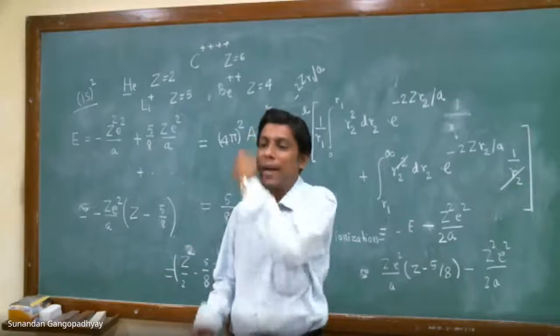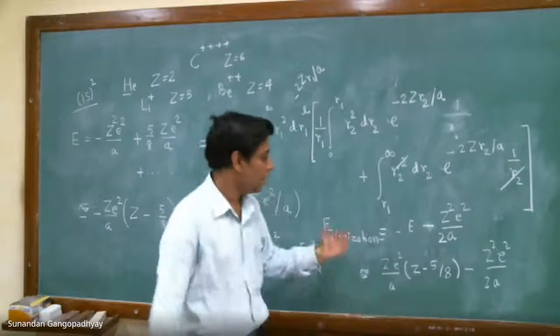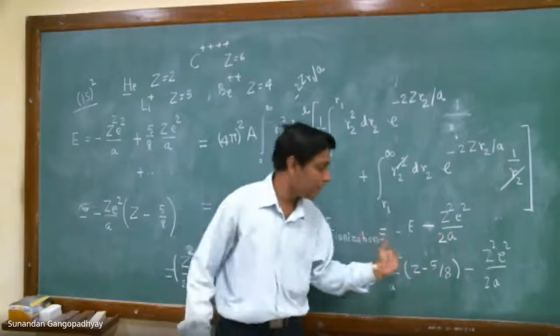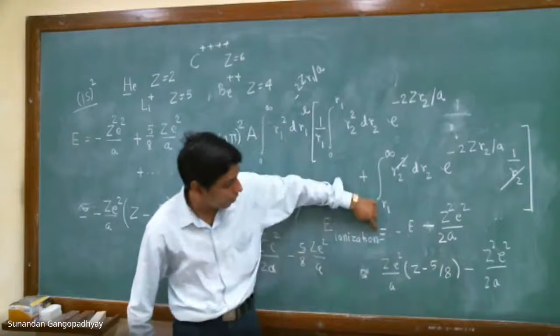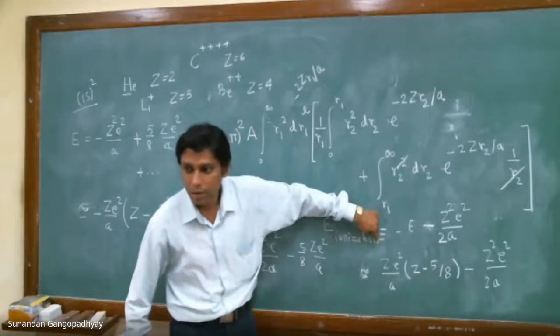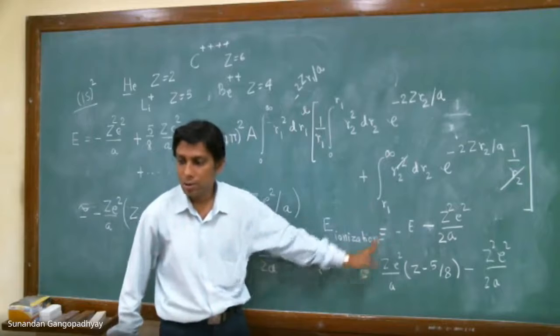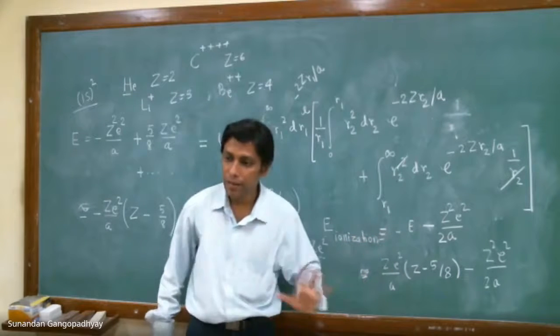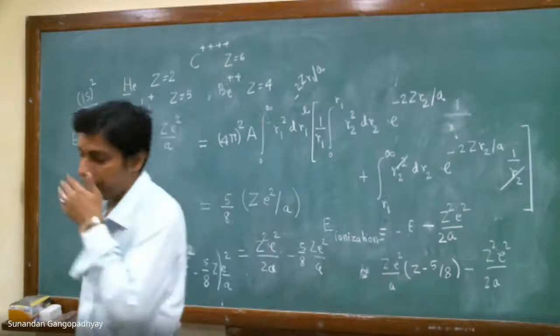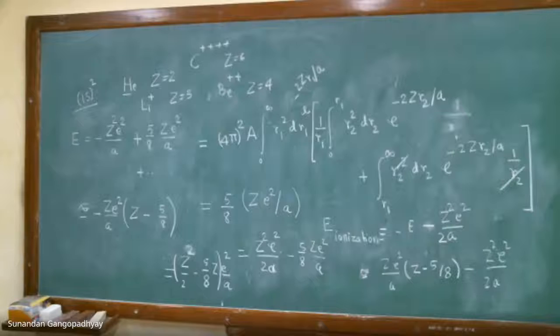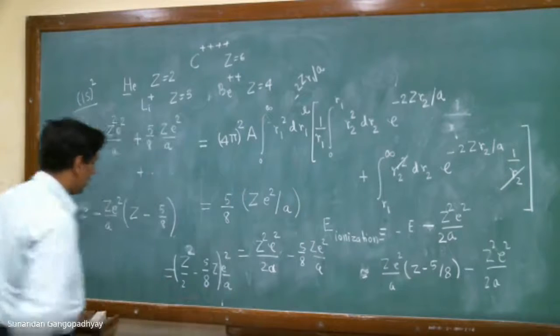You take basically the magnitude of that. So in order to get the magnitude, you define the ionization energy with this symbol, this dash dash dash, which tells us that I define the ionization energy by an overall minus sign. Okay, so this is your ionization energy.